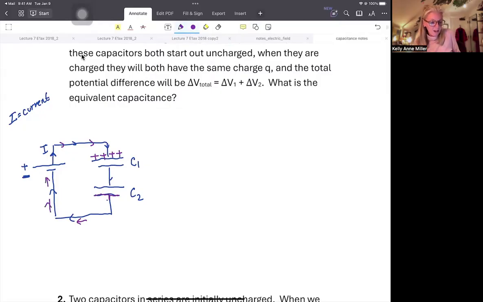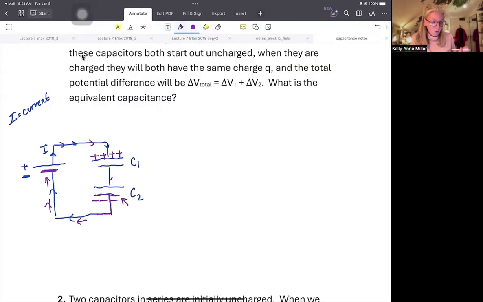So the top outermost plate will become positively charged because positive charge is flowing to it from the battery. And you can think of it as positive charge flowing from this bottom plate back to the negative terminal of the battery, leaving a deficit of charge on this bottom plate, and that's why it becomes negatively charged.